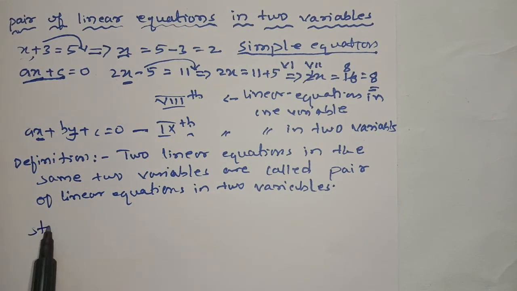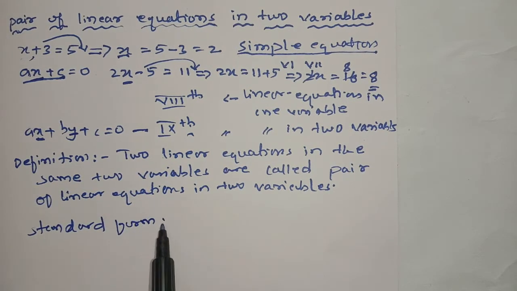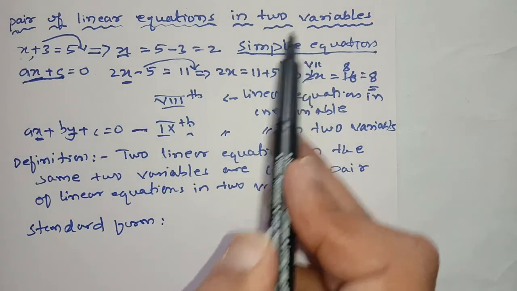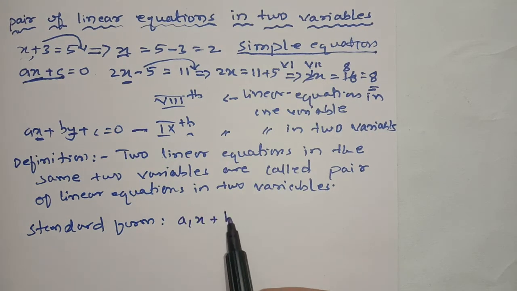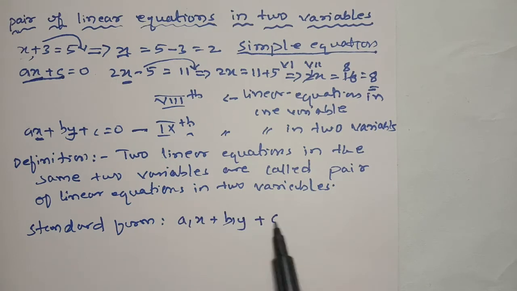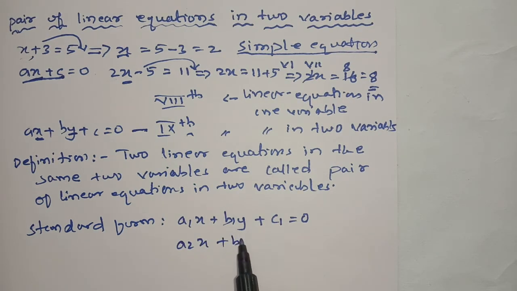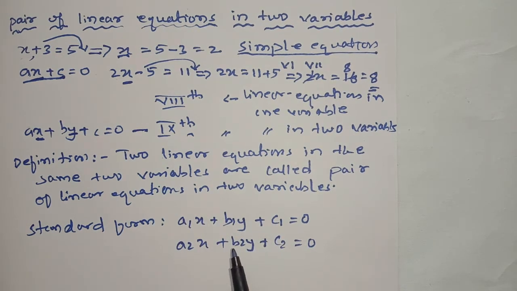The standard form of pair of linear equations in two variables is a1x plus b1y plus c1 is equal to 0, and a2x plus b2y plus c2 is equal to 0. This is the standard form of pair of linear equations in two variables.